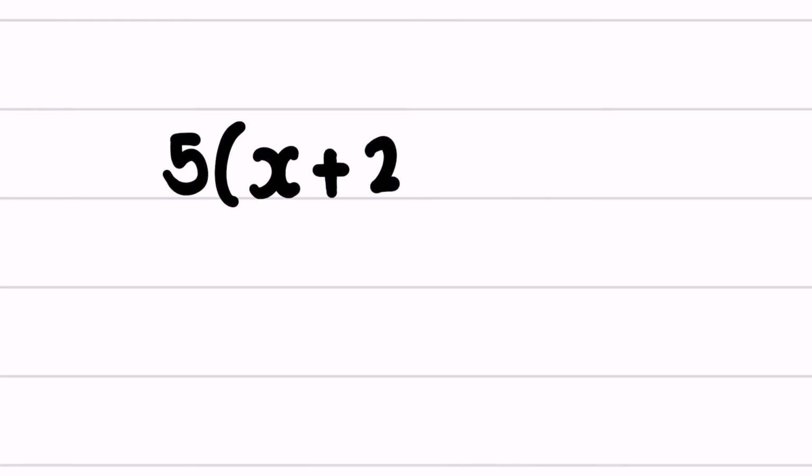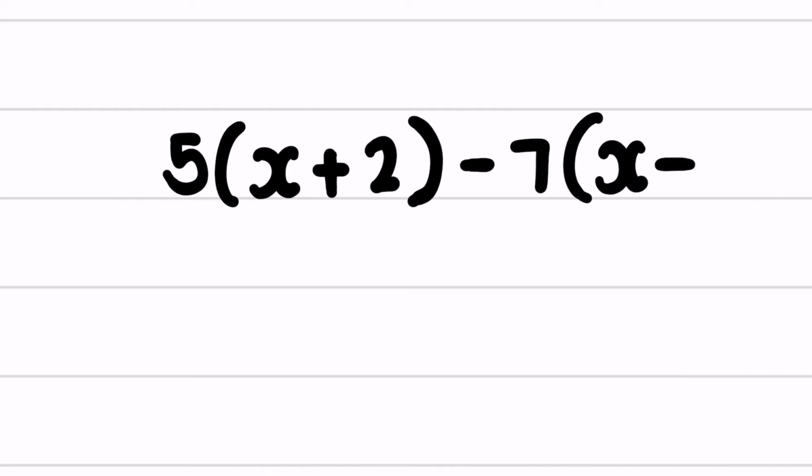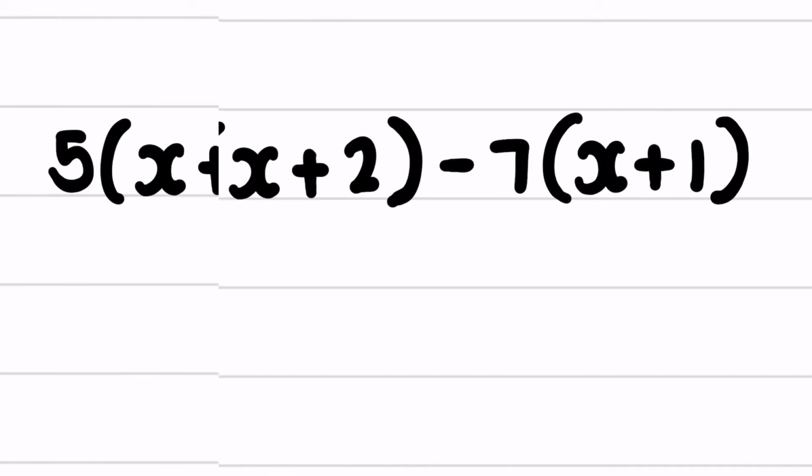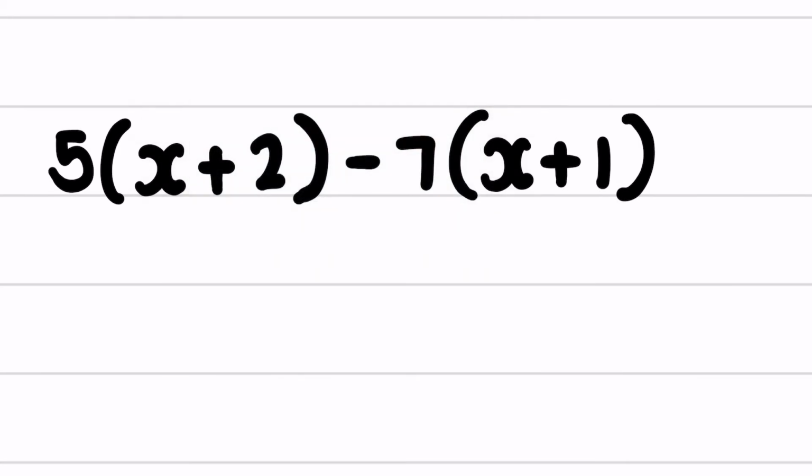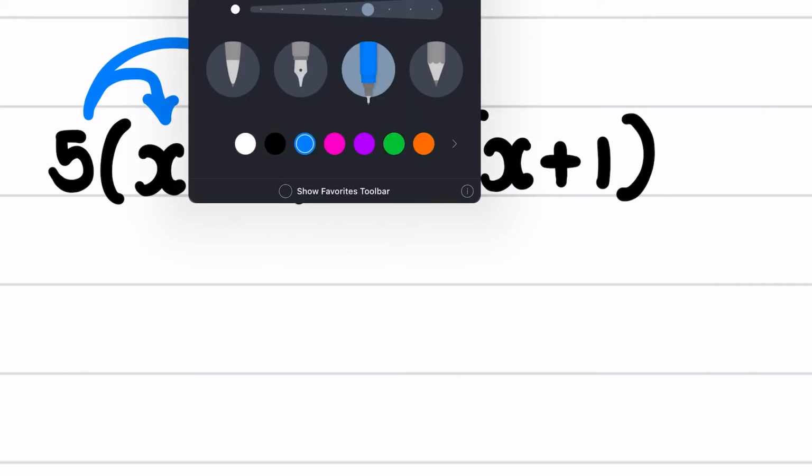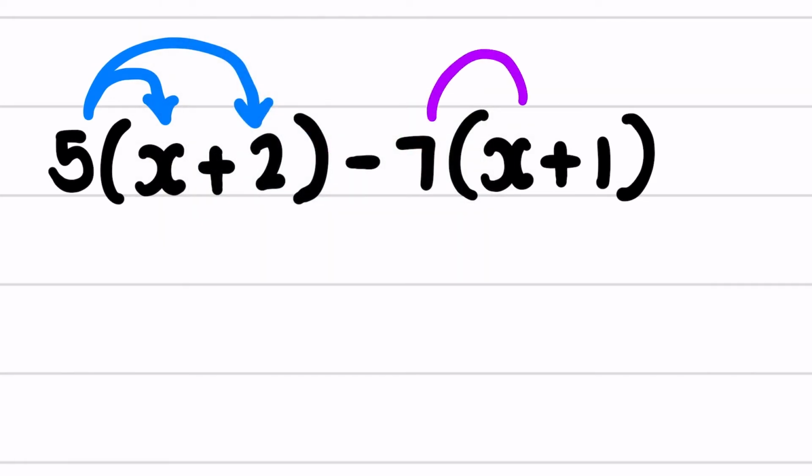What happens if we have multiple brackets? For example, we have 5 into x plus 2 minus 7 into x plus 1. What I'm going to notice is that the 5 outside the first bracket is going to multiply into the first bracket, and the negative 7 outside the second bracket is going to multiply into that second bracket.